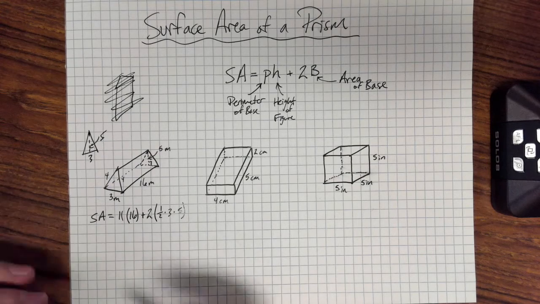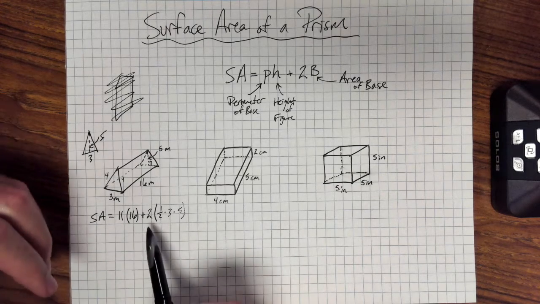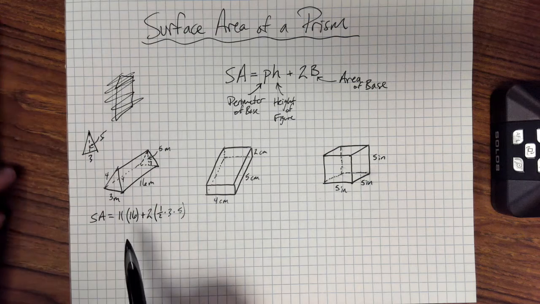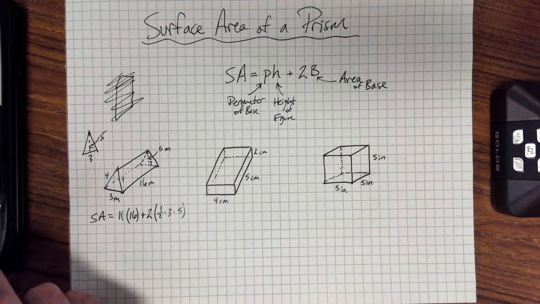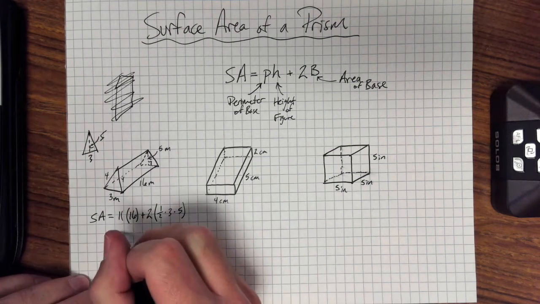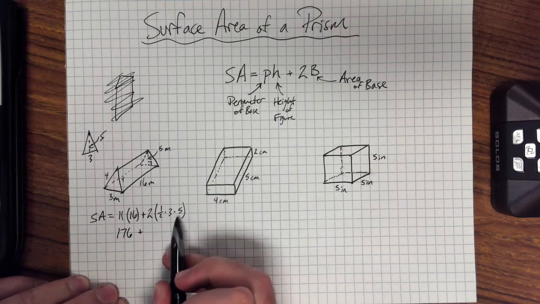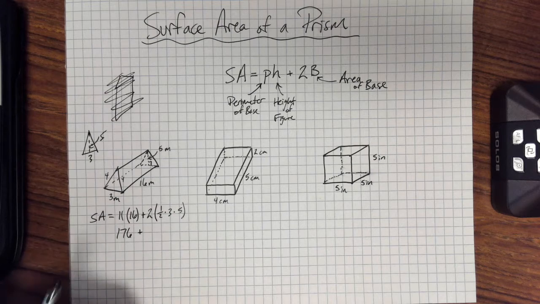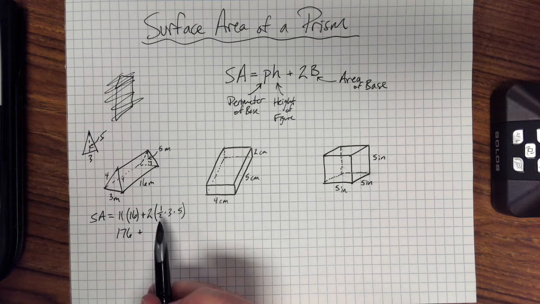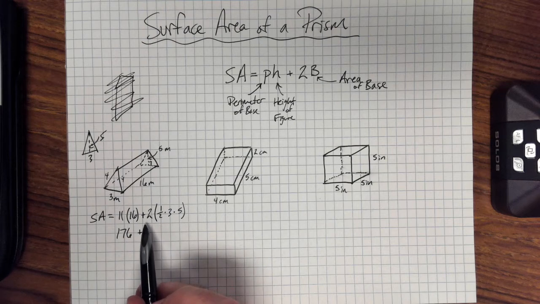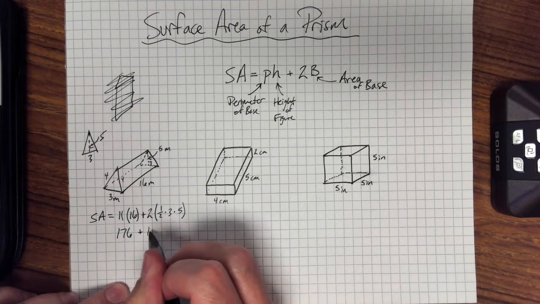So now you can just start going to work with your calculations. So 11 times 16, you will be allowed to use a calculator. So 11 times 16 is 176 plus, now over here, 3 times 5 is 15 times 1/2, so cut that in half, 7.5 times 2 equals 15.